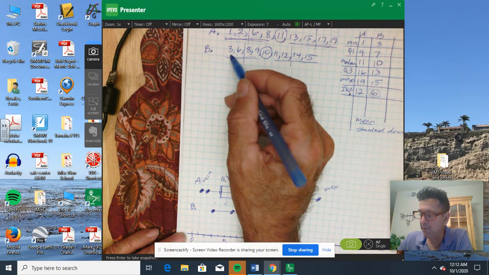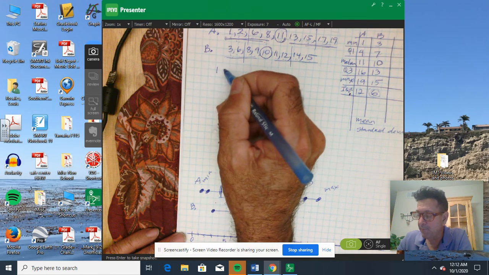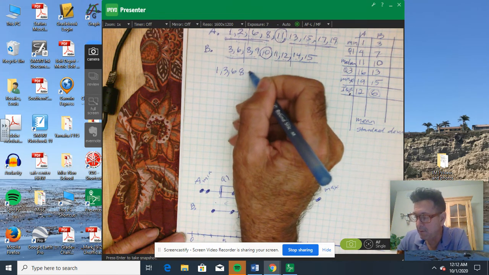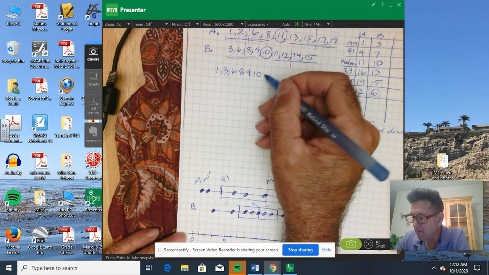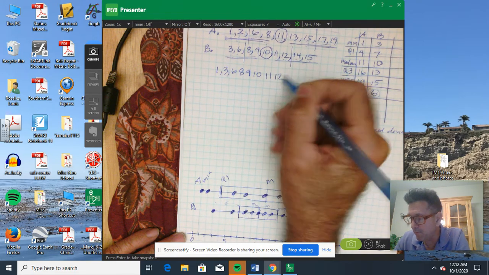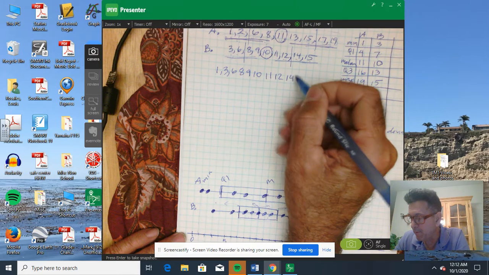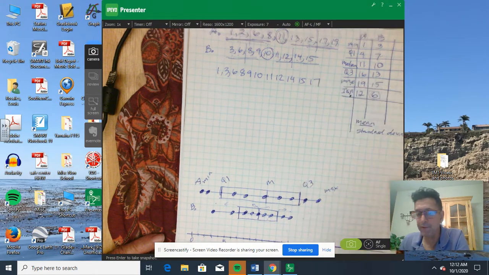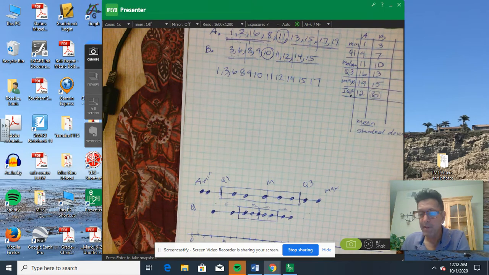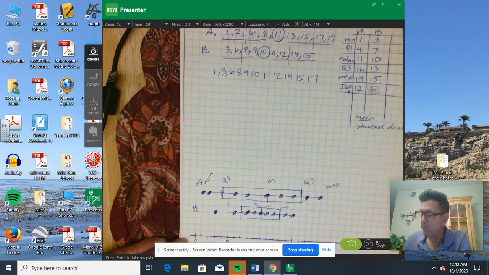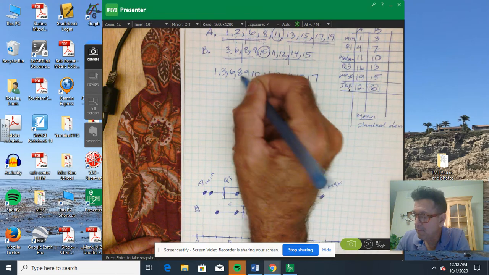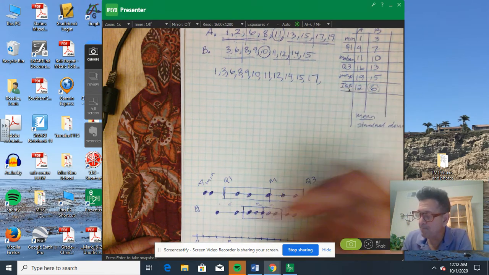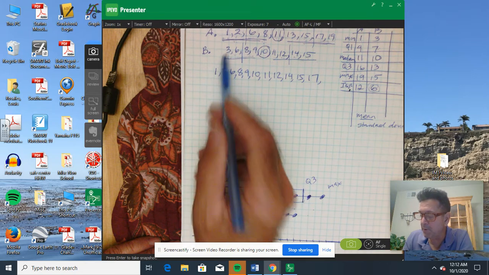Let's say I add a number on this side, 1. We have 1, 3, 6, 8, 9, 10, 11, 12, 14, 15, and 17. Okay? So now, when we look at these, some of these numbers are not going to change very much. Okay, the minimum got smaller.